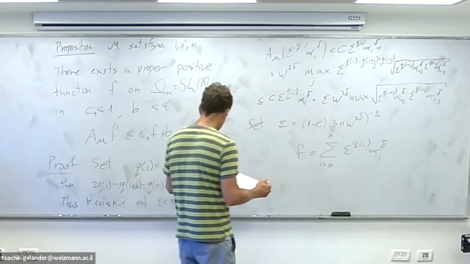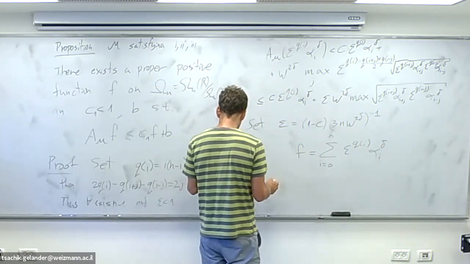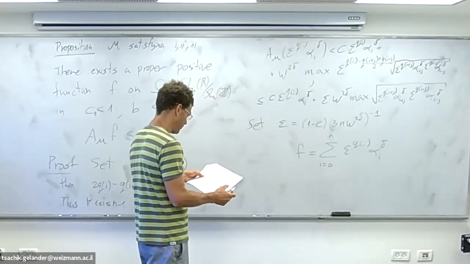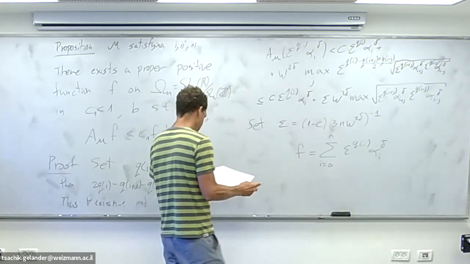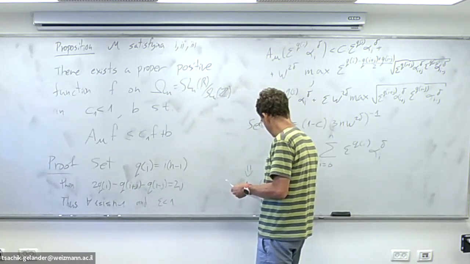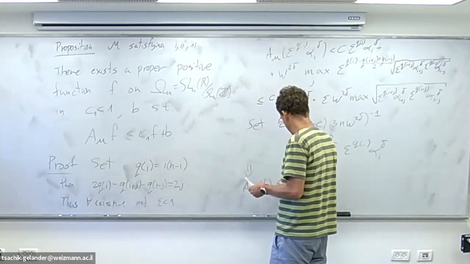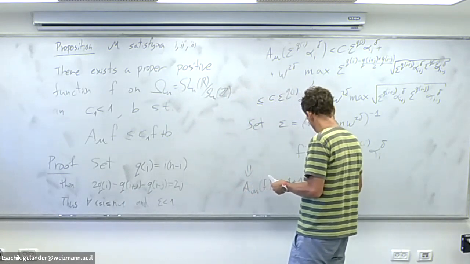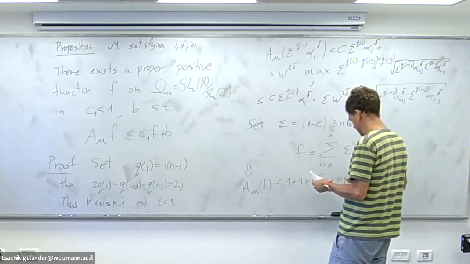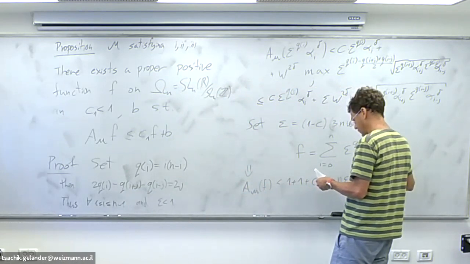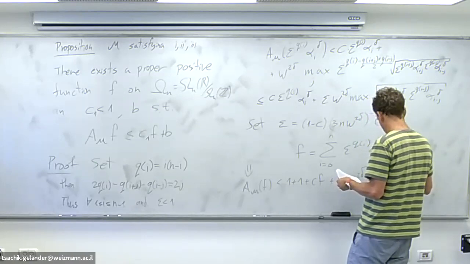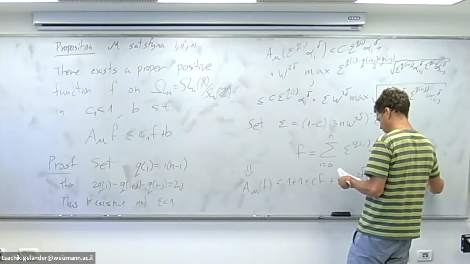And now, okay, you recall that alpha 0 is 1 and alpha n is 1 because we are on the unimodular lattices. What this implies is that mu f is smaller than 1 plus 1 plus C F plus n epsilon omega to delta F, which is 1 plus 2C over 3 F plus 2.